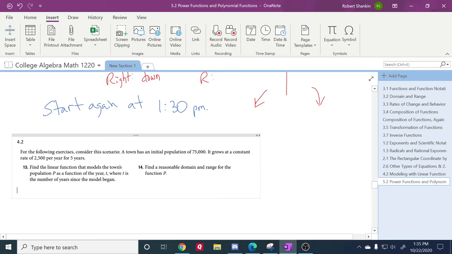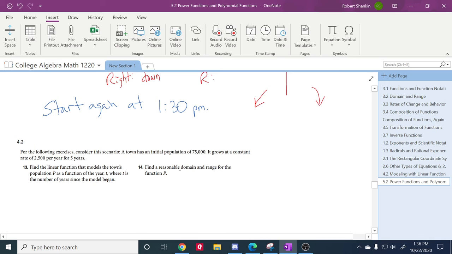A town has an initial population of 75,000. It grows at a constant rate of 2,500 per year for 5 years. So 14 is find a reasonable domain and range for the function P.